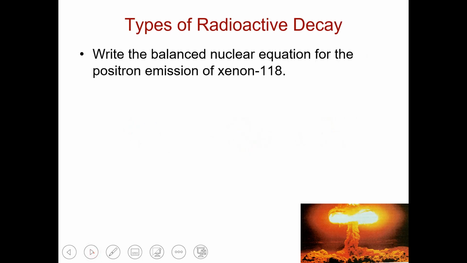So let's try an example with positron emission. We have xenon-118. So we have xenon, which has a mass number of 118. And if you look up xenon on the periodic table, you will find that it has an atomic number of 54.